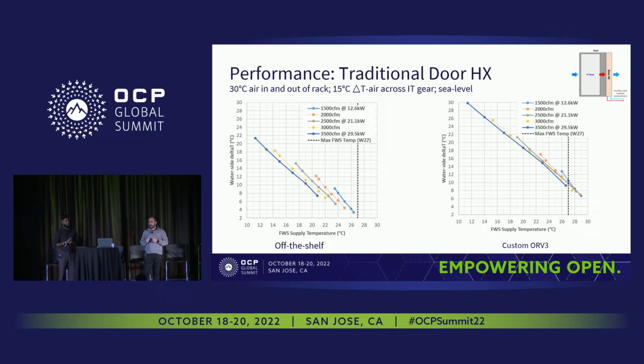And this is very important, because if you are not able to increase the delta T, you will increase the flow rate. You can see here the OTS reactor heat exchanger. If you want to go to nearly 27 degrees, you need to decrease the delta T of water. This means you increase the flow rate, the consumption of water, the consumption of power of the pump. And we want to avoid it.